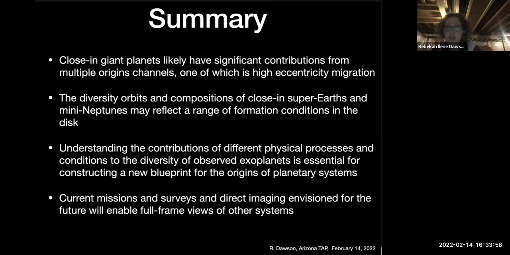You can have planet scattering, where you start out with very closely packed planets and they scatter each other. You can have secular interactions, either coplanar secular or Kozai-Lidov with mutual inclination, or you can have secular chaos like in the solar system, exciting eccentricities that way.